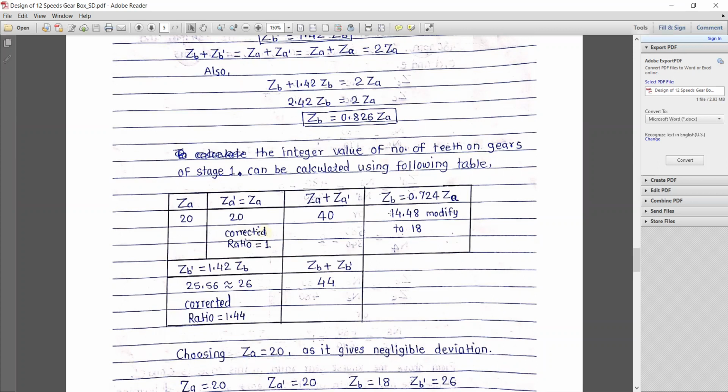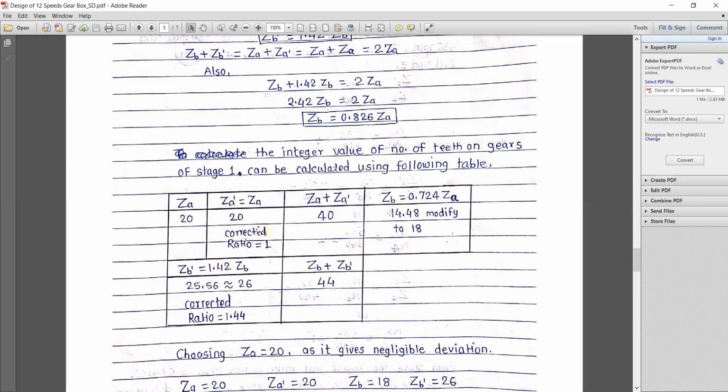The required transmission ratio was 1.42, but because of the conditions we found the values of ZB and ZB dash, whose summation of number of teeth is 44.